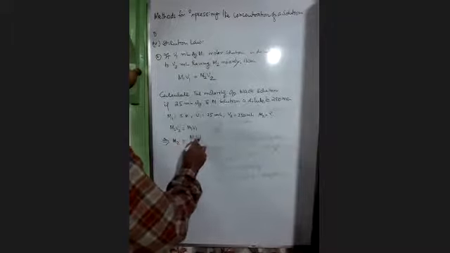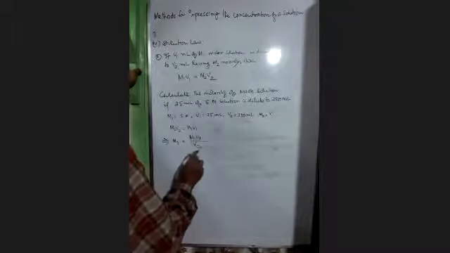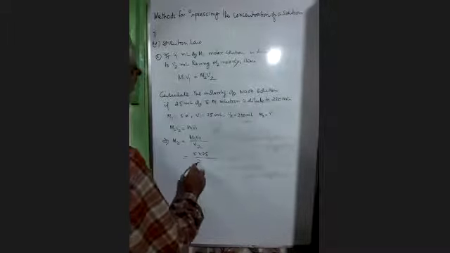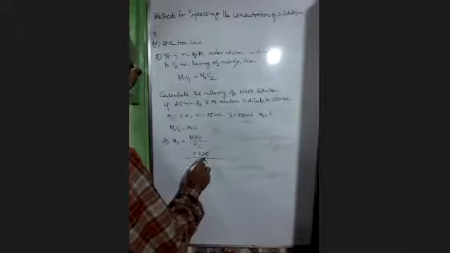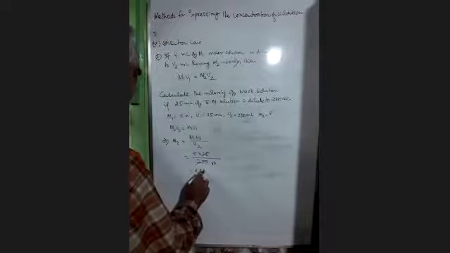So M2 is M1 V1 by V2. And 5 into 25, total is 250. So how much does it come? Is it not this? How do you get 50? If you dilute, the molarity strength will decrease, no?